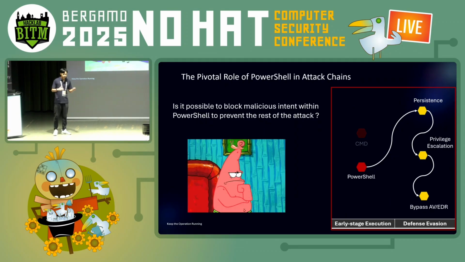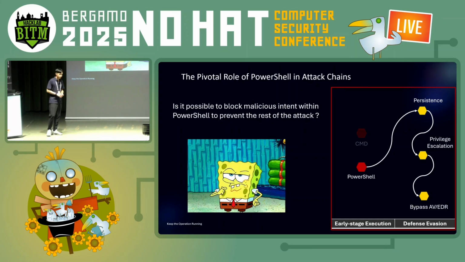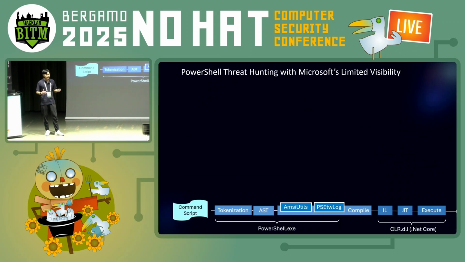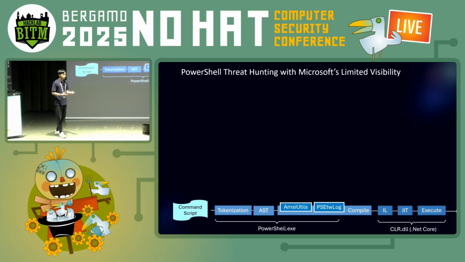So, to understand the whole workflow, the blue team may wonder: if we could block the malicious PowerShell early enough, could we prevent the rest of the attack? The short answer is yes. But the true question here is, could we block the malicious PowerShell early enough? Actually, it is hard. With the limited visibility provided by Microsoft, they only have two options.